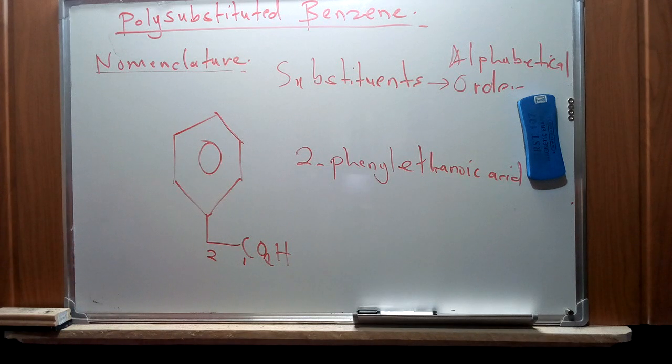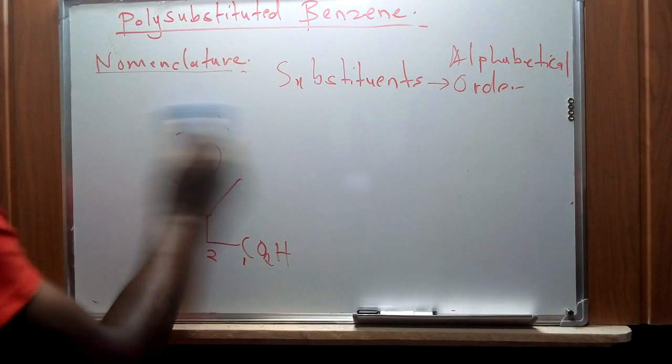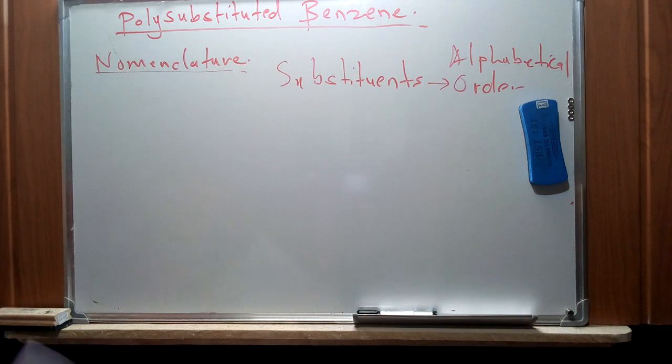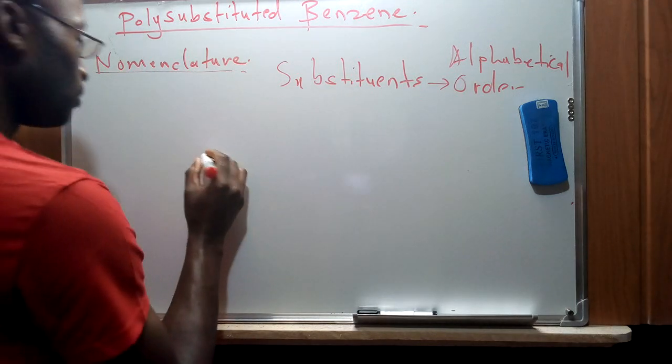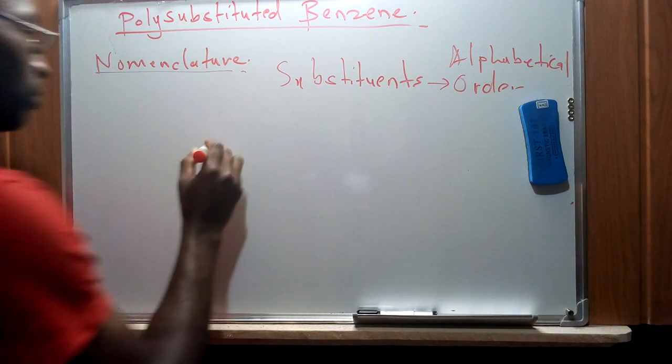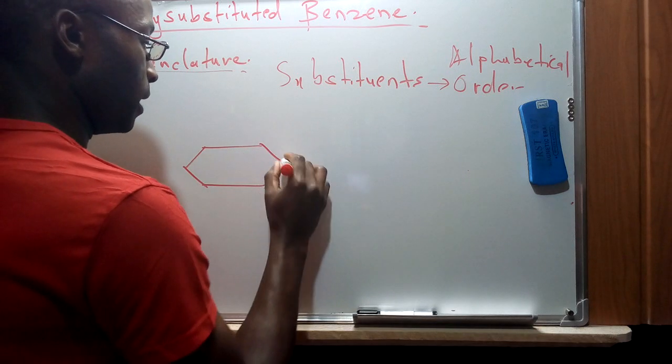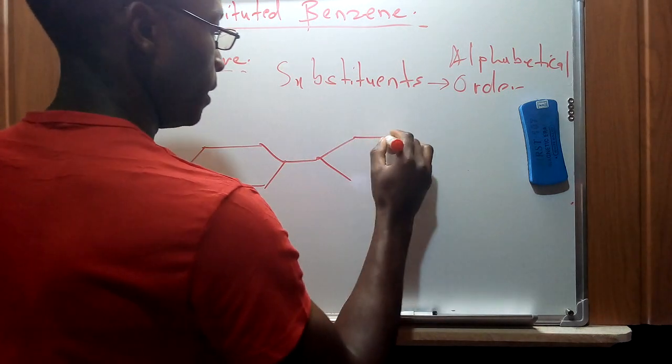Now there's a special case of a compound that we talked about in one of our videos that is known as biphenyl, which consists of two groups of benzene which have been linked together at that particular point.